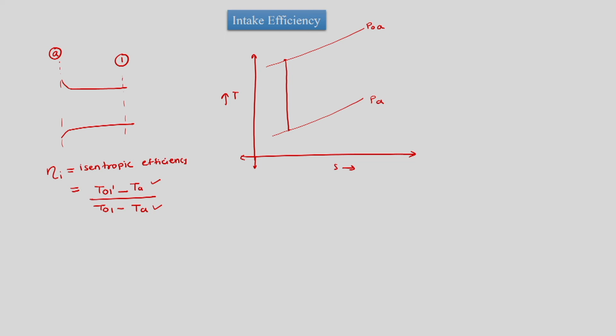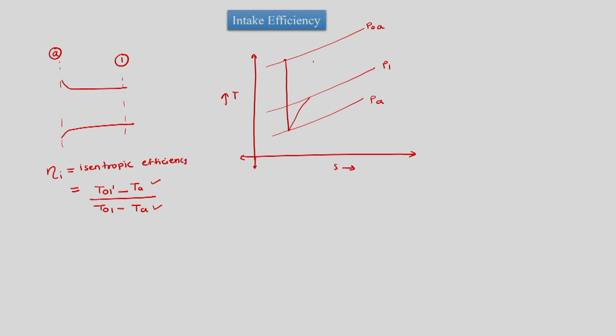Okay, but in the process of diffusion we will reach P1, and this is the static pressure rise in the process of diffusion in the diffuser or in the intake.